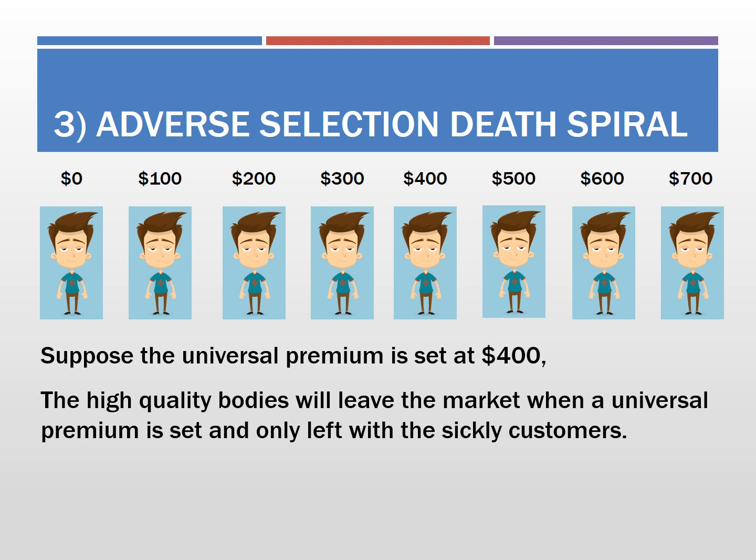The high quality bodies in this market, which means the healthier, robust individuals, obviously will go against paying this premium of $400, because they know that by paying this $400, they will not have to spend as much as they would need to. So the high quality bodies obviously will leave the insurance market when the universal premium is set, and it is only left with the sick customers.